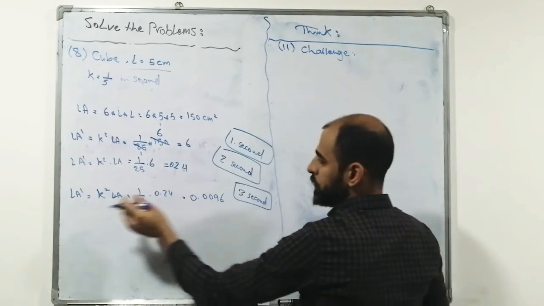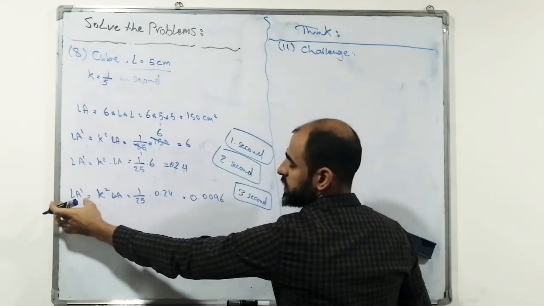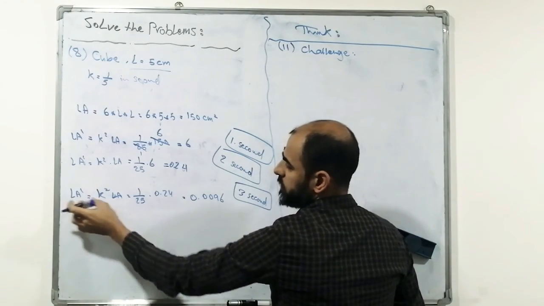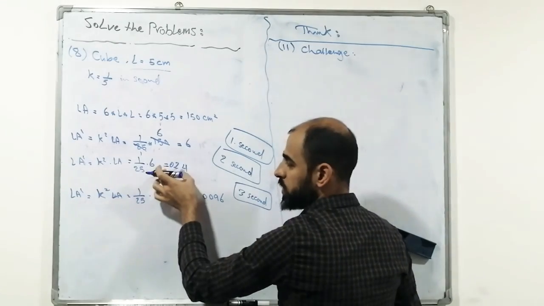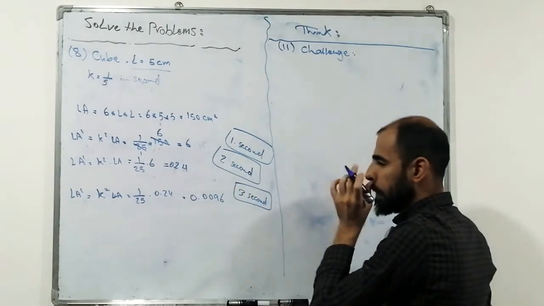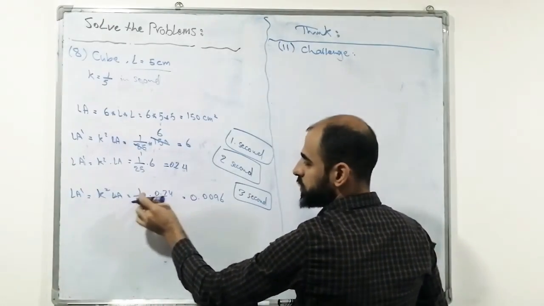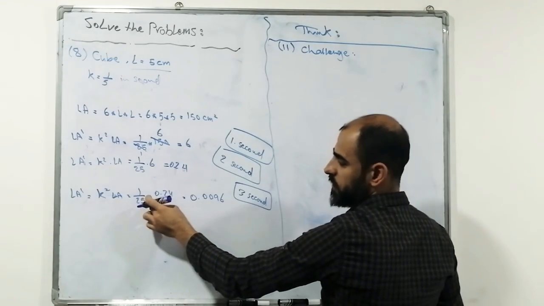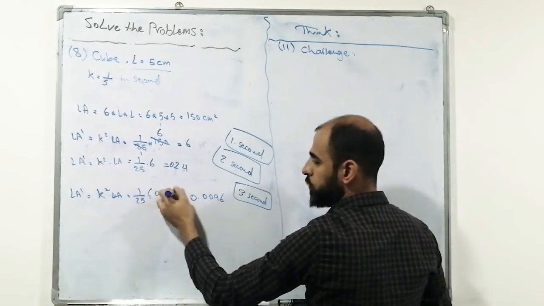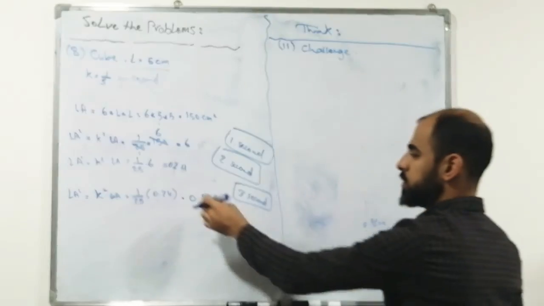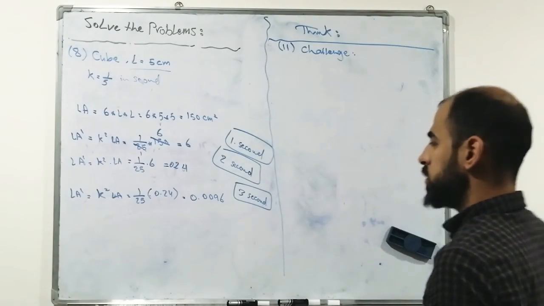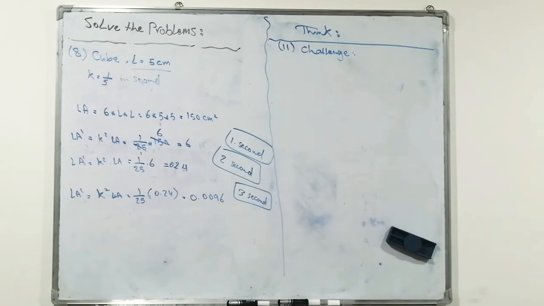Also by using the same way, we will find the lateral area of the shape in second 2, k to the power 2 times the lateral area, which means 1 over 25 multiplied by 0.24. Making the division, we get 0.0069.